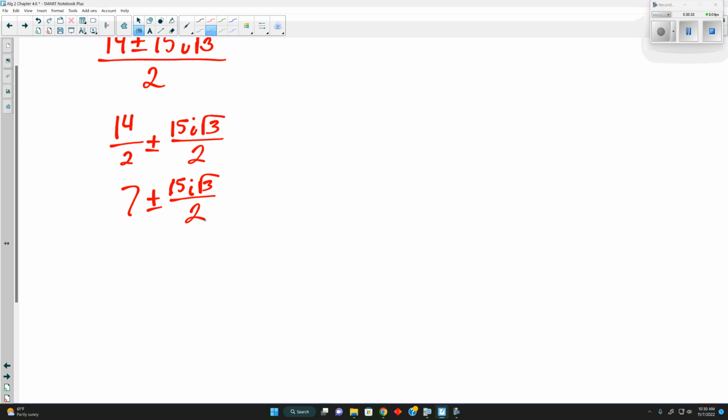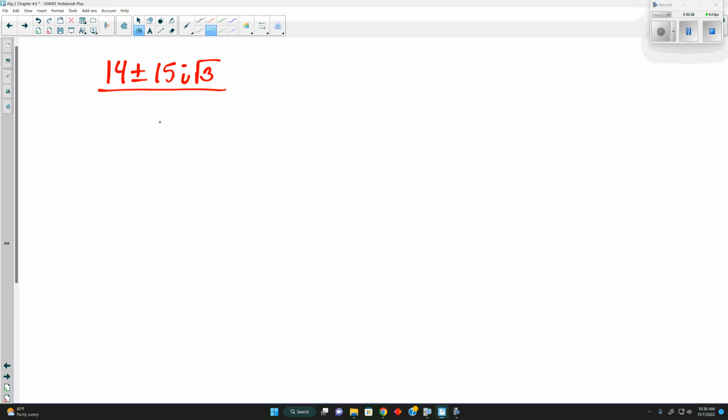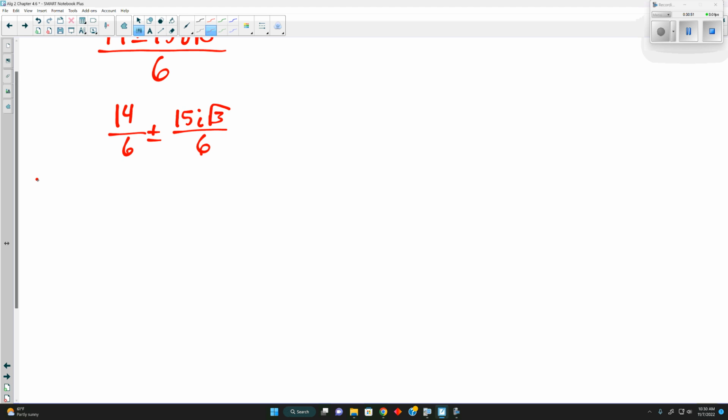Now, a little bit different case is, say, and again, I'm just making these up so that it works for this problem, it was 6, and we split it apart, 14 over 6, plus or minus 15i square root of 3 over 6. Well, it's kind of like we just did. 14 and 6 have a common factor of 2, which would simplify the 14 to 7 and the 6 to 3. 15 and 6 have a common factor of 3, so it'd be 5i square root of 3 over 2.